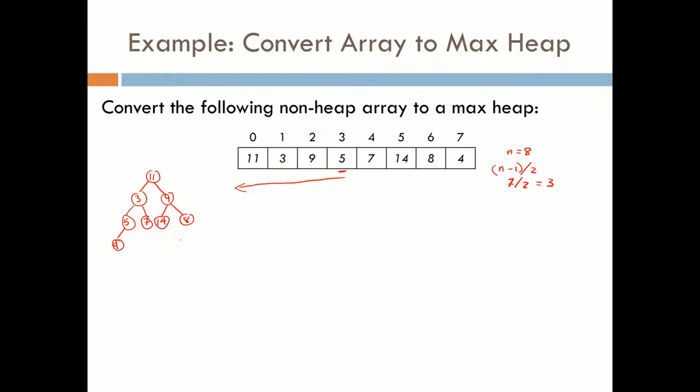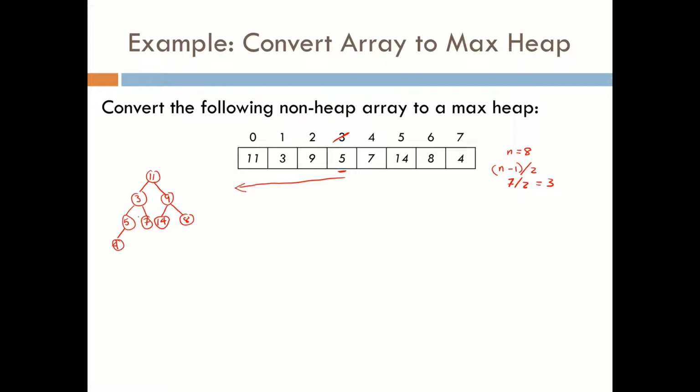So we would like the maximum value to end up at the root. And so we begin here and we heap 5 down. And 4 is not greater than or equal to 5. So 5 is already in its correct place, and we've done this index.